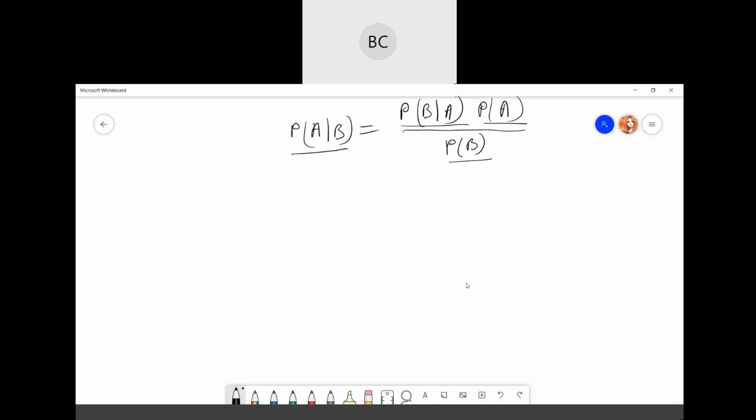Then there are three types of Naive Bayes classifier actually. One is Gaussian. I will not go into the detail. It takes basically continuous values.